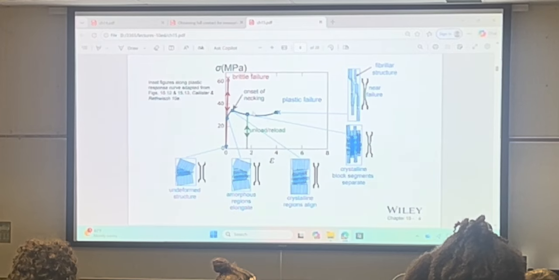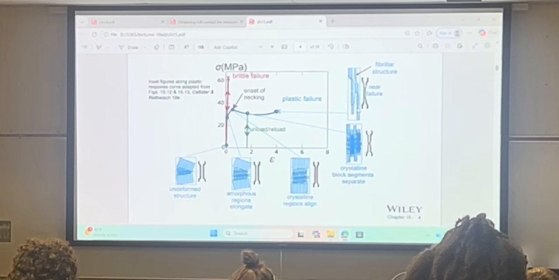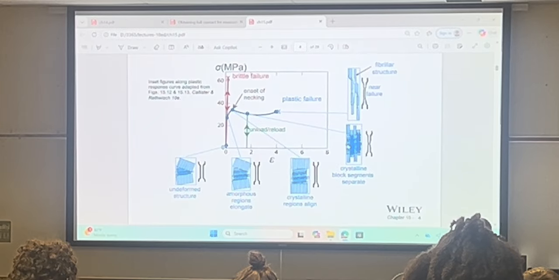Then we have alignment of the crystalline regions, followed by the crystalline blocks segregation, and finally fibrillous structure. So all of that stuff gets stretched along the tensile direction. This is often accompanied by the change of the color. So you could have a film that's transparent and you start to stretch it with your hands and it becomes white. This is going to be important when we talk about optical properties.